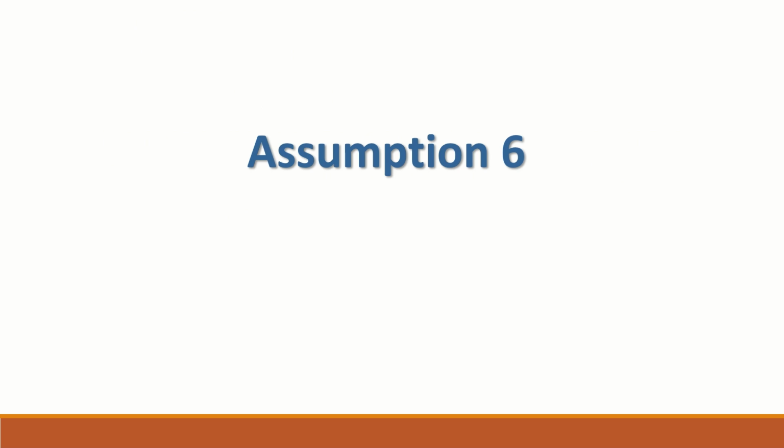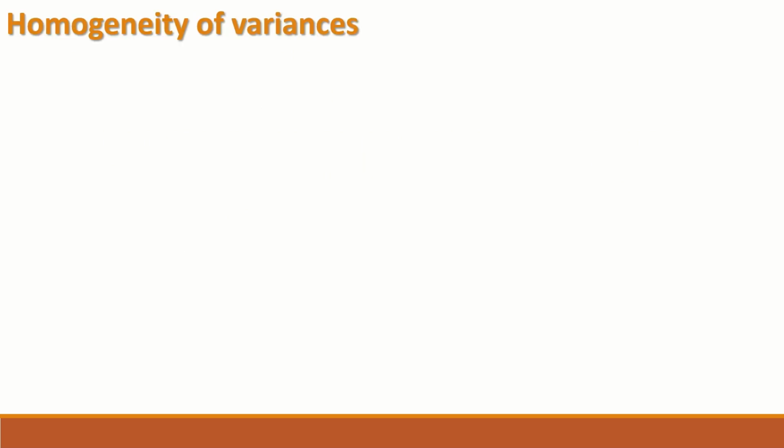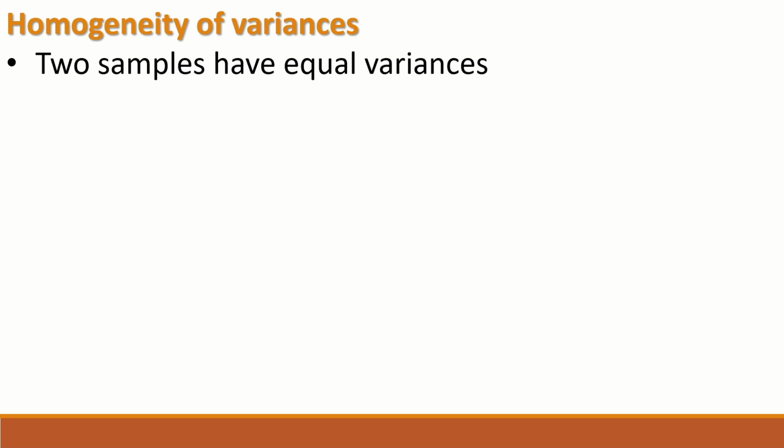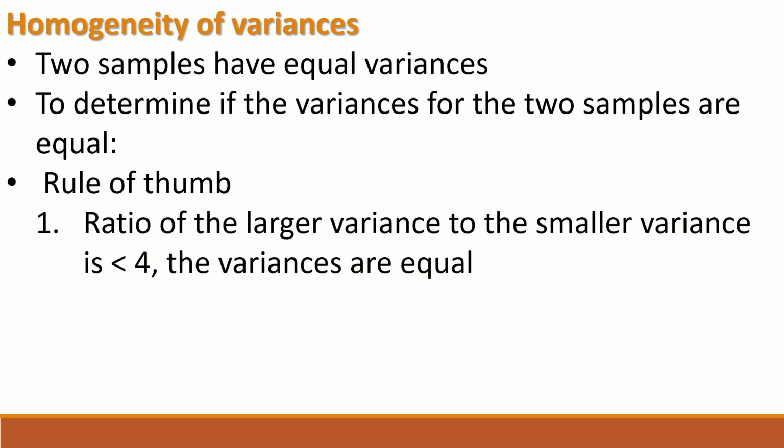Assumption 6 for unpaired t-test is the homogeneity of the variances. What does the homogeneity of the variances mean? It means that the two samples have equal variances. To determine if the variances for two independent, or separate, or unrelated, or unpaired samples are equal, the first way is to use the rule of thumb.